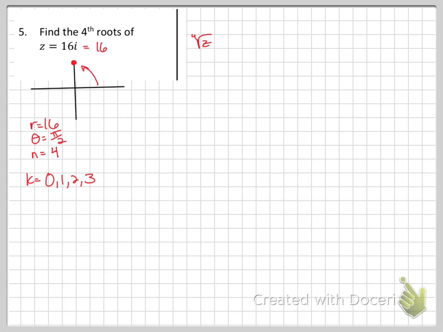R is 16, CIS, pi over 2. So we are going to plug it into our formula. So it's going to be the fourth root of our R, which is 16, times cosine of our theta, pi over 2, plus 2 pi k, all over our n, which is 4, plus I sine the same thing.